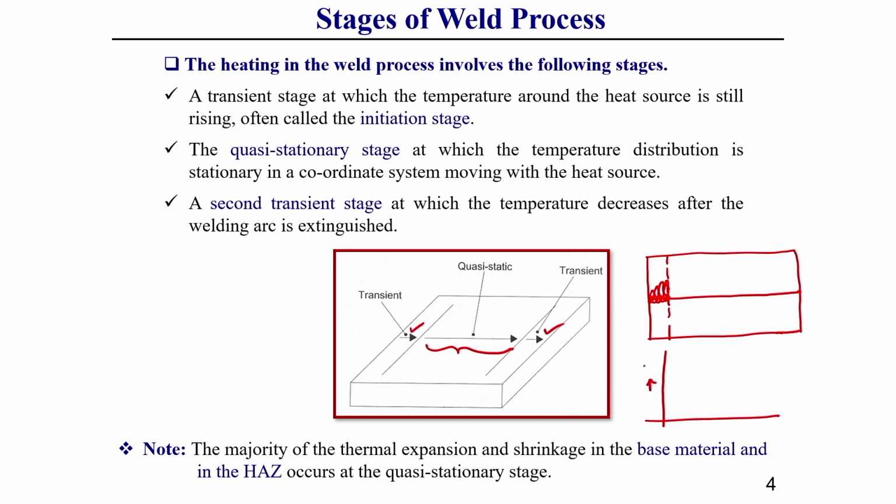Let us consider this is the temperature axis and this is the time axis. In welding, during heating the temperature rises rapidly with time. Once the heat source moves away from that location, it starts cooling, and after a certain time it returns to room temperature.